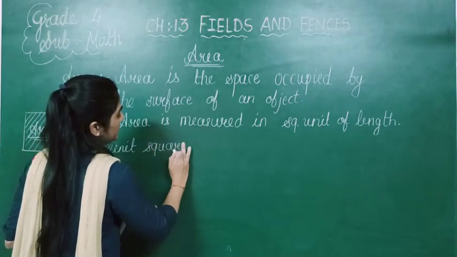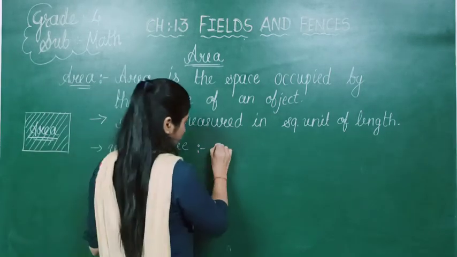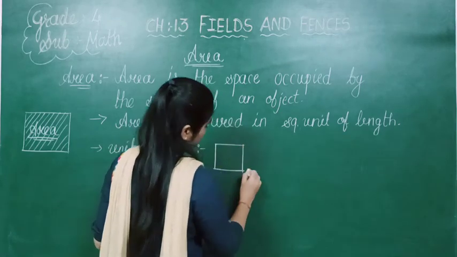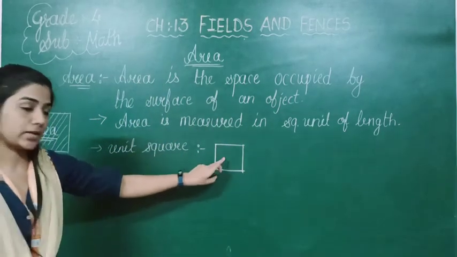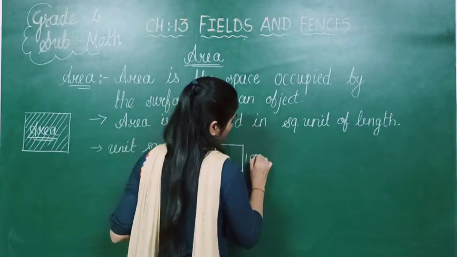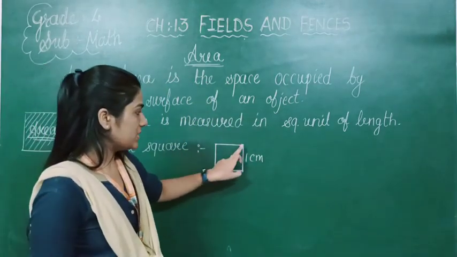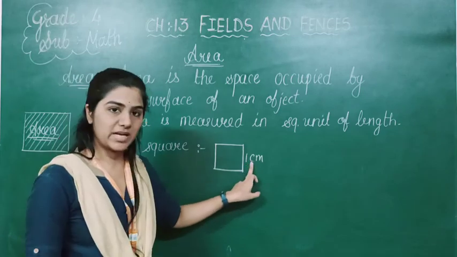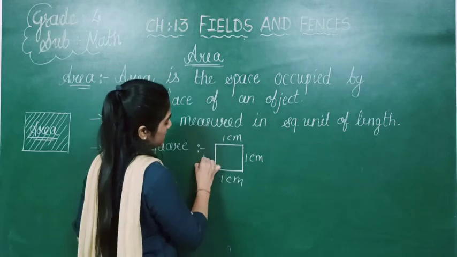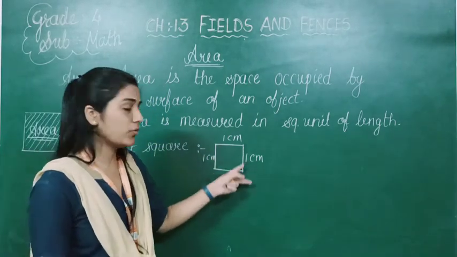So first of all, I am explaining this unit square. Suppose I am drawing one small square. This square means this side's length is 1 centimeter. Of this square, the total side's measurement is 1 centimeter. Means this also is 1 centimeter, this also is 1 centimeter, and this is also 1 centimeter. Means in total it has 4 sides.